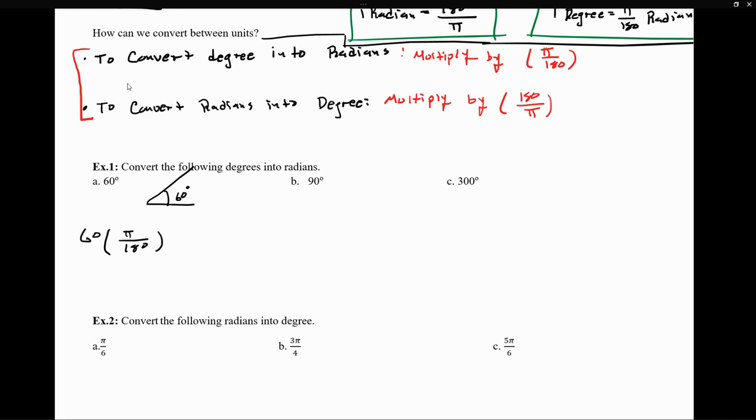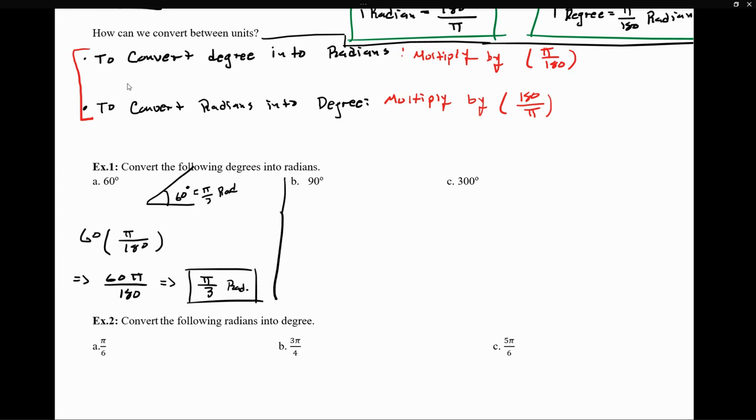So if we multiply this, this will be equivalent to 60 pi over 180. But notice that 60 over 180 can be seen as 1/3. So therefore, I can just see this as pi over 3 radians. So 60 degrees is equivalent to pi over 3 radians.